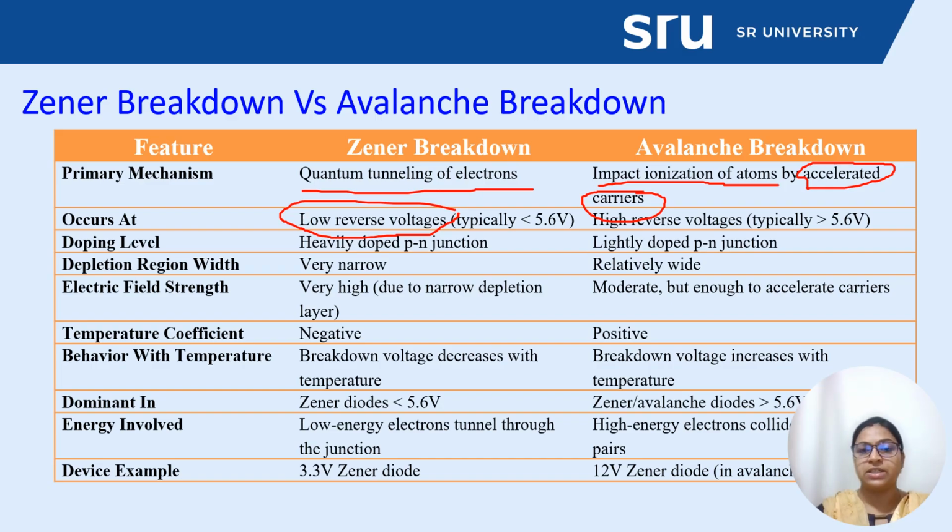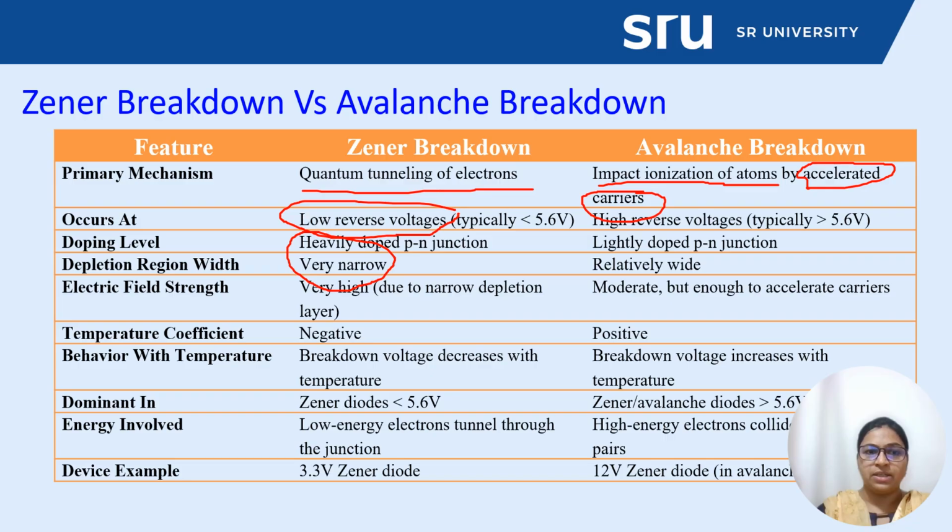Both are PN junction diodes, but for the Zener diode the doping is heavy, and for avalanche breakdown it is lightly doped. The depletion region width for the Zener diode is very narrow, as we saw. This is very important to differentiate, and for avalanche breakdown the depletion region is relatively wide.